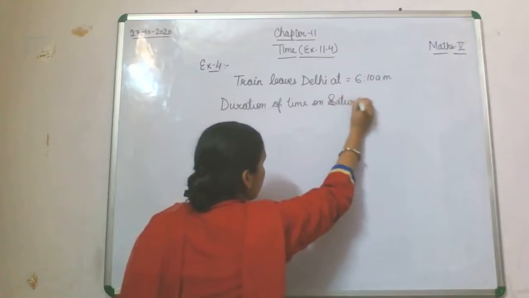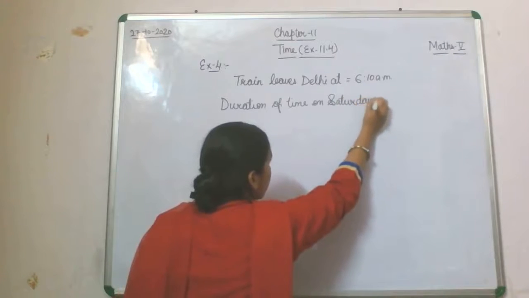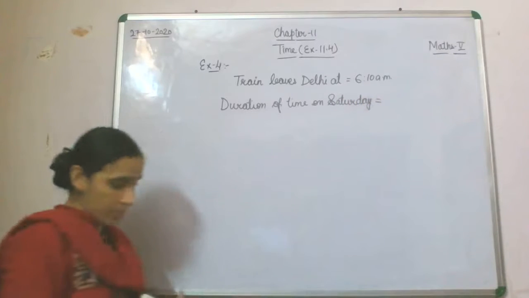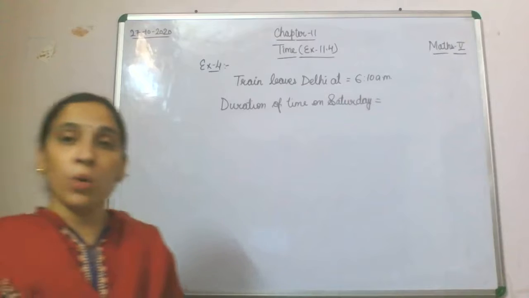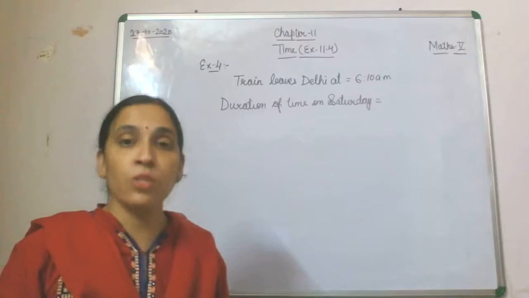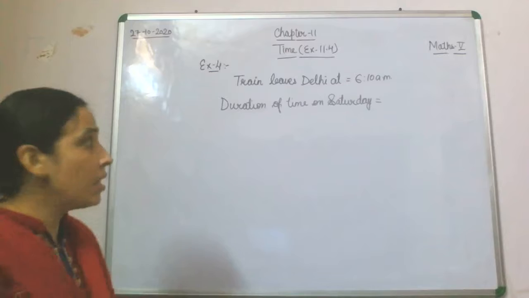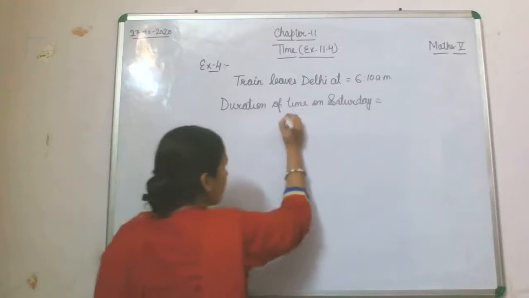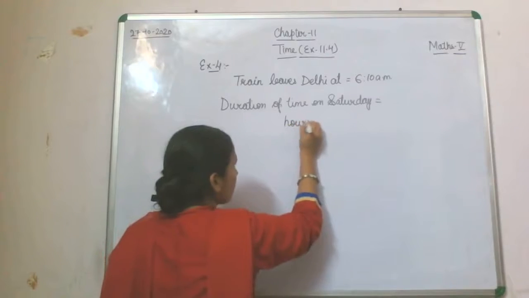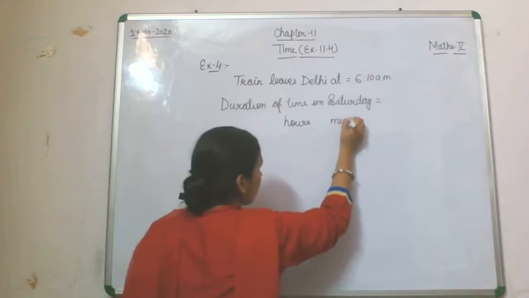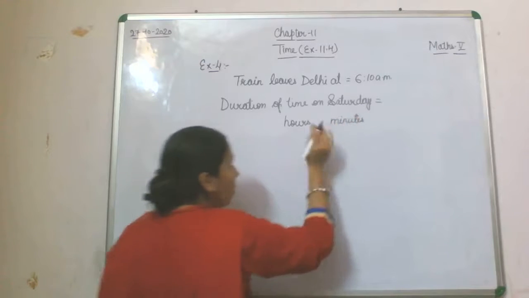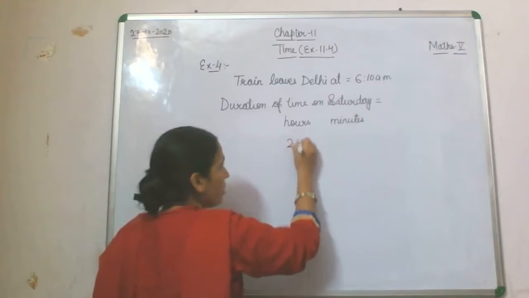What is the total duration of time on Saturday? That we are supposed to find out here. Now if I talk about hours and minutes, how are we supposed to do it? This we'll write here, hours and minutes. Now in one day, how many hours and minutes are there?